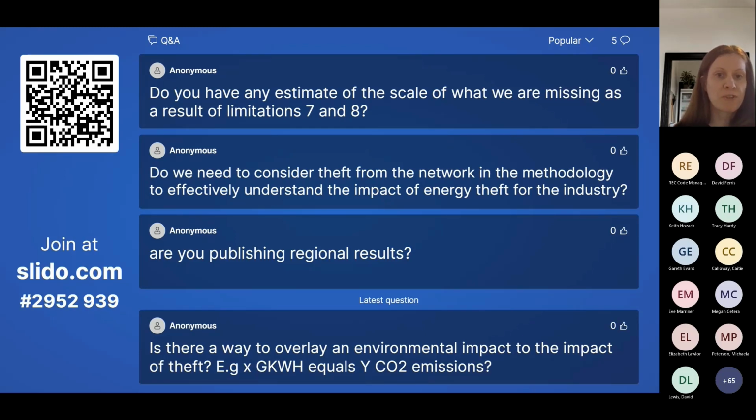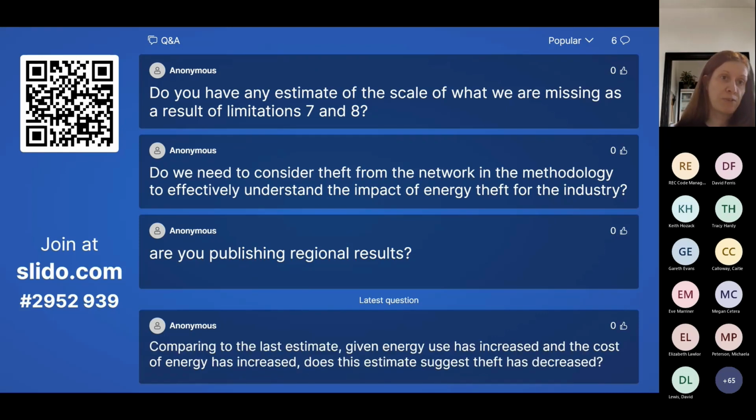Just for those who don't have slides up, 7 is that the TRAS data excludes networks, excludes MPANs not registered on the network, and we don't have anything relating to theft occurring upstream of the meters. So essentially we couldn't obtain data that would allow us to build that into the methodology. But as Ursula mentioned, at some point in the future, we may be able to get feeder meter data and downstream half-hourly data, and then you can actually see what's happening on individual feeders and identify those instances.